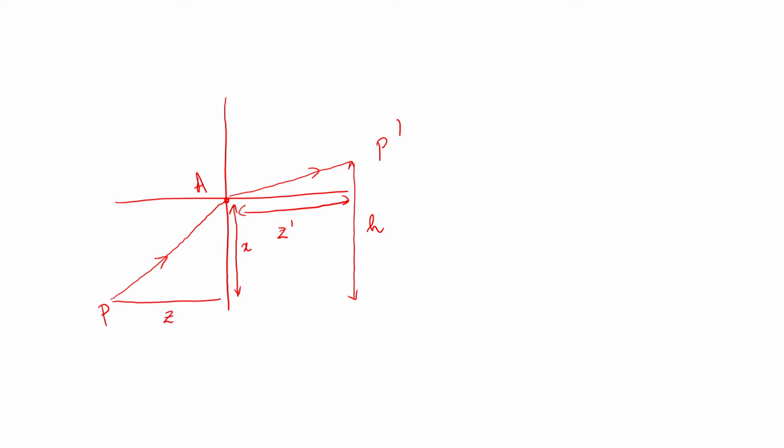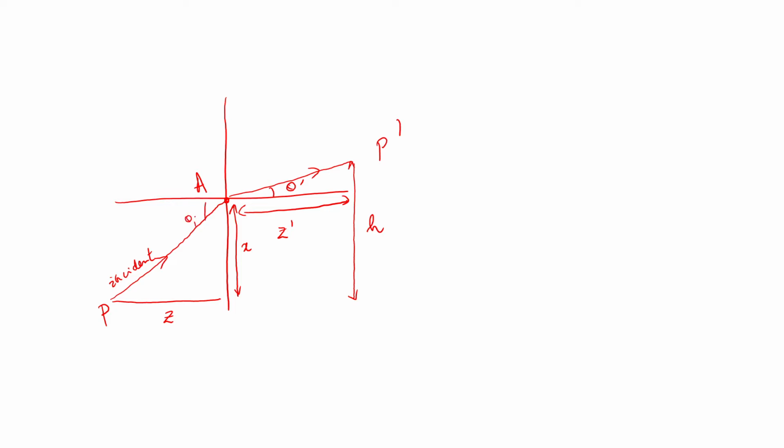Okay, and so now here we want to look at the angles, right? So we want to look at the incident ray. This is the incident, right? So we would like to look at the angle of refraction theta prime and the angle of incidence theta I, right?